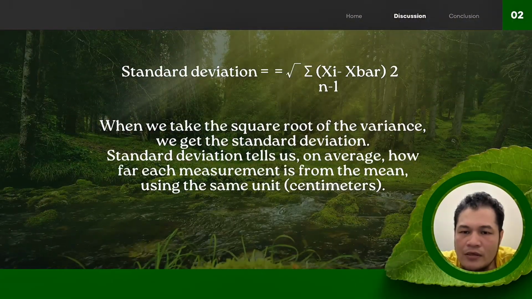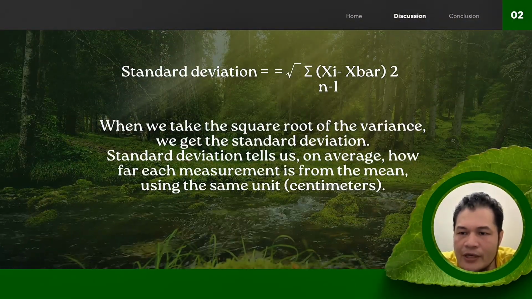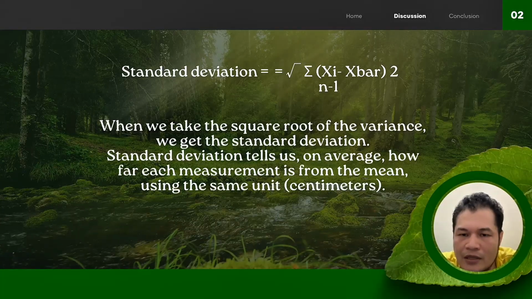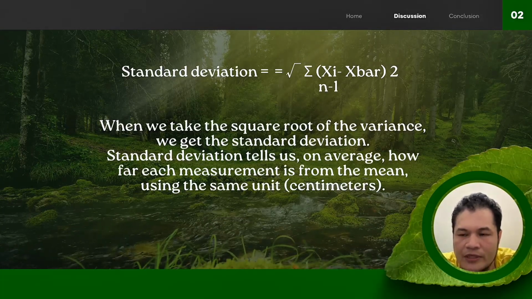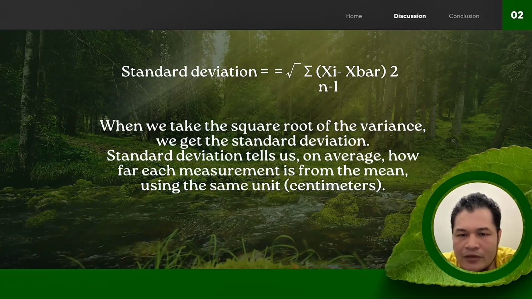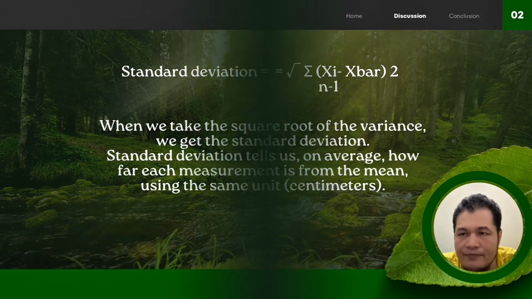When we take the square root of the variance, we get the standard deviation. Standard deviation tells us, on average, how far each measurement is from the mean, using the same unit, centimeter.